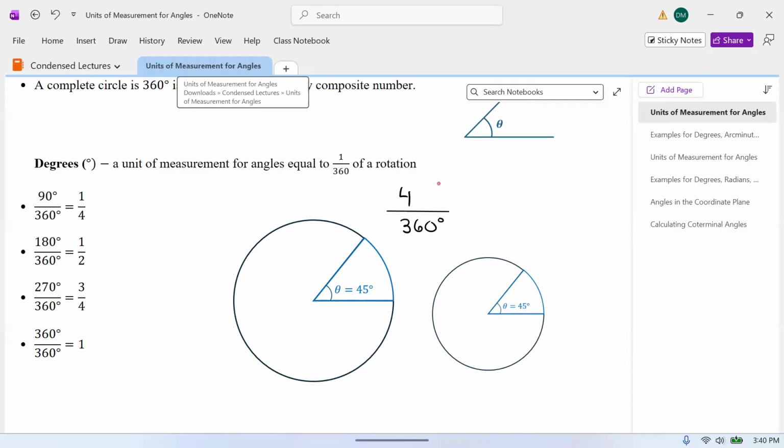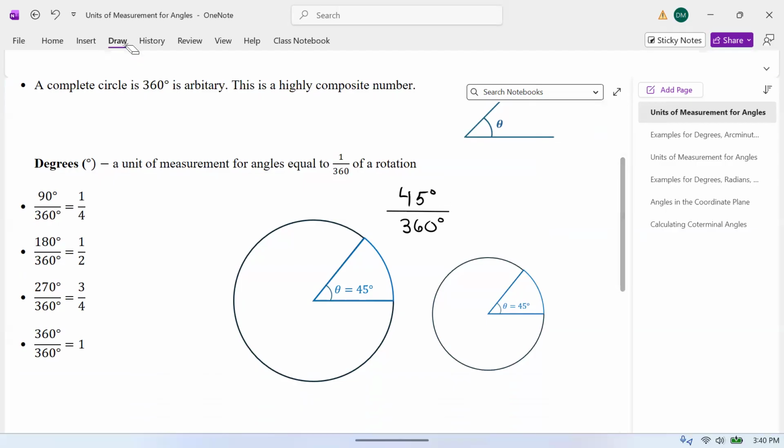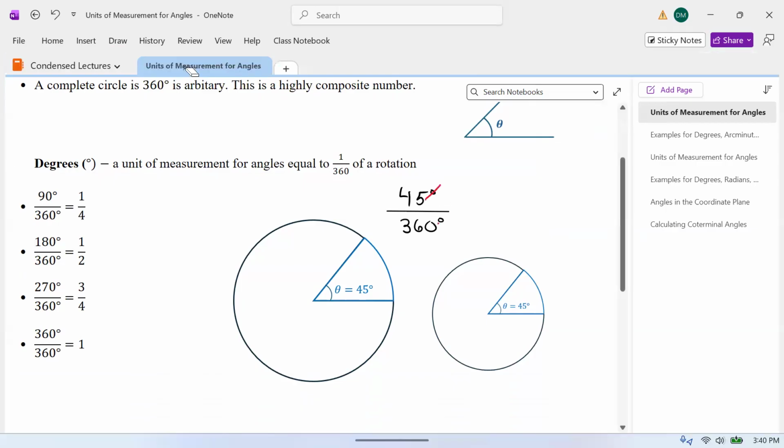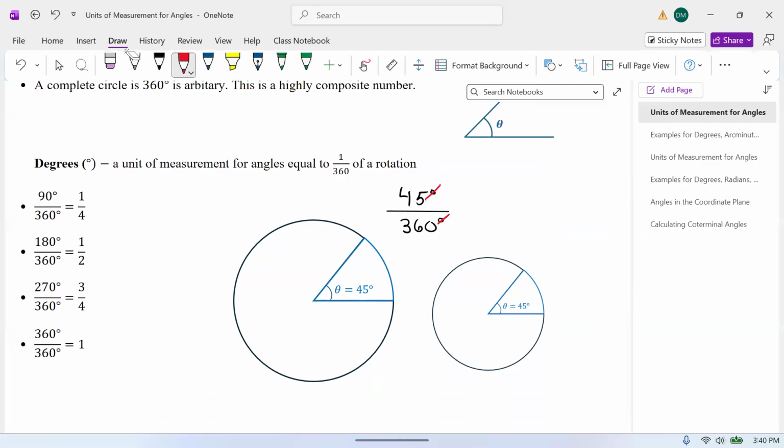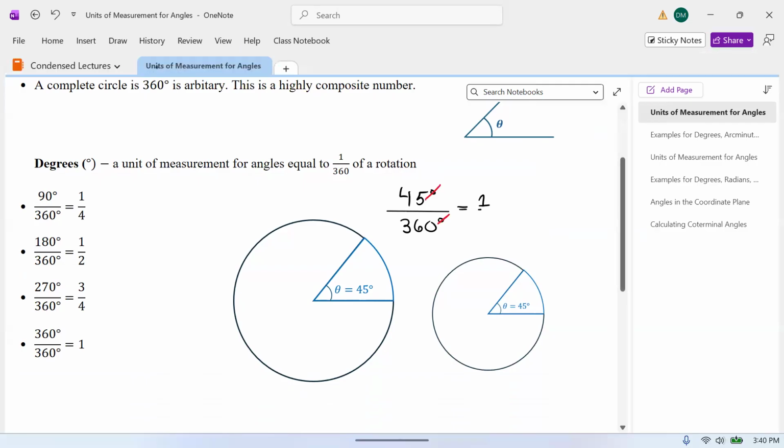Notice the units cancel. The fraction simplifies to 1 over 8. So 45 degrees represents 1/8 of a complete rotation, or 1/8 of a circle.